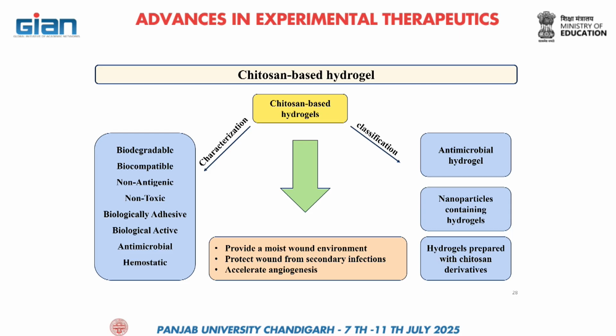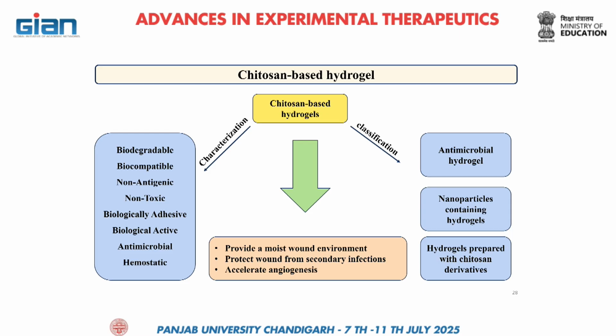Now another work we have started, that is chitosan based hydrogel. Why chitosan? Because it's biodegradable, biocompatible. People say it's non-antigenic, non-toxic. So a large number of these types of properties are there in chitosan.